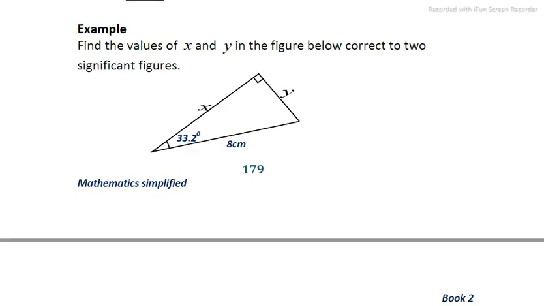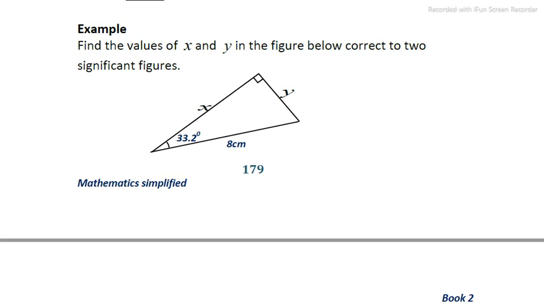Still, if we continue to our next example, it says find the values of x and y in the figure below, and we are supposed to correct to two significant figures. We are given the diagram, and you realize that this is a right angled triangle because one of its angles is 90 degrees.